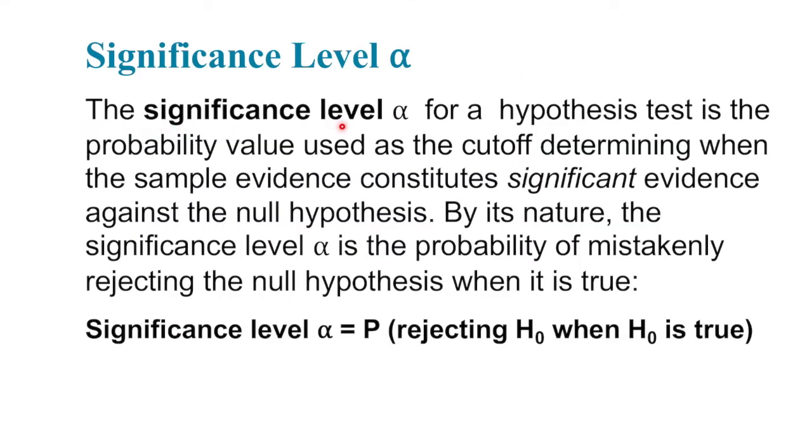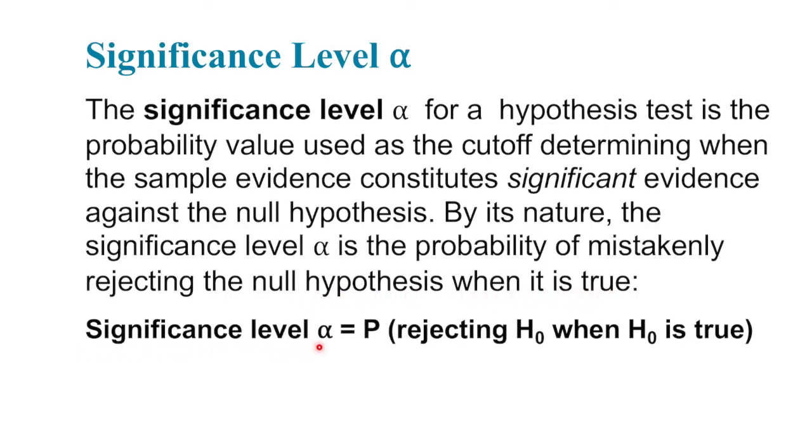The significance level alpha for a hypothesis test is the probability value used as the cutoff, determining when the sample evidence constitutes significant evidence against the null hypothesis. By its nature, the significance level alpha is the probability of mistakenly rejecting the null hypothesis when it is true.